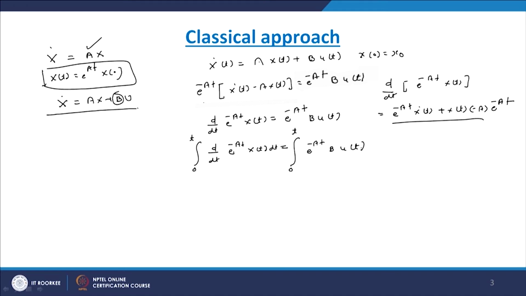Now you will find we get differentiation and integration, but they will nullify, and the remaining is e raised to minus at into x of t, but the limits will come, that is, 0 to t.